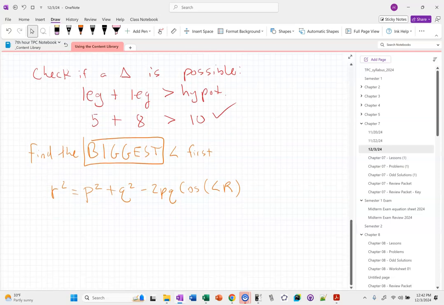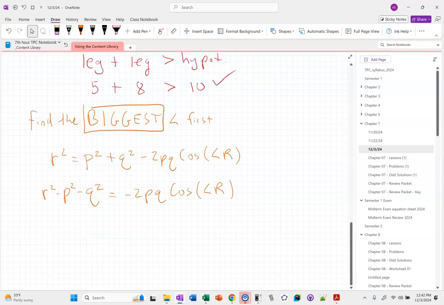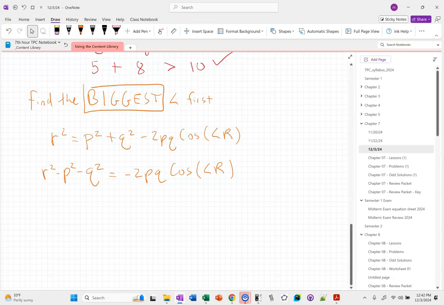So I'm going to start by trying to get this angle R by itself. So I'll subtract P squared and Q squared from both sides. So far, so good. Now I need to get rid of that coefficient in front of the cosine. So I'll divide both sides by negative 2PQ.